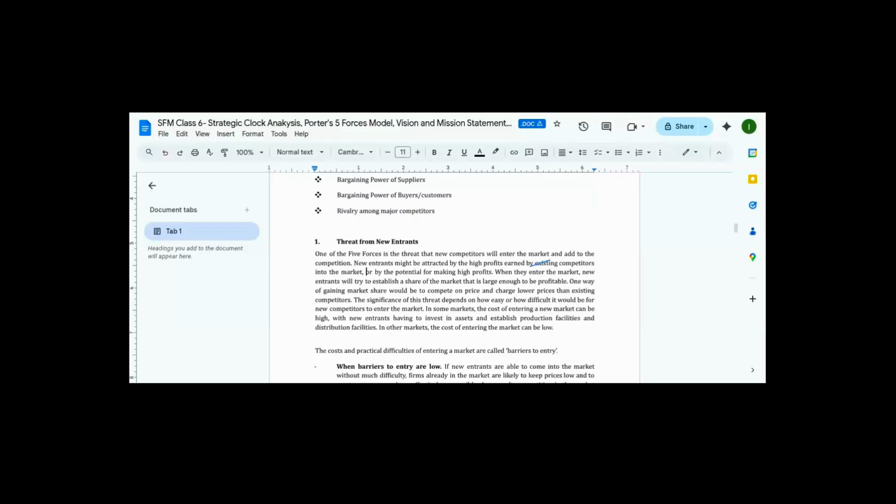By the time they emerge, they might be coming with innovative products, differentiated products, superior financial strength, superior strategy.